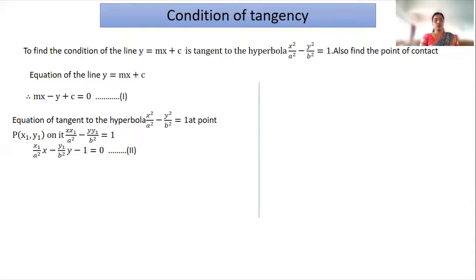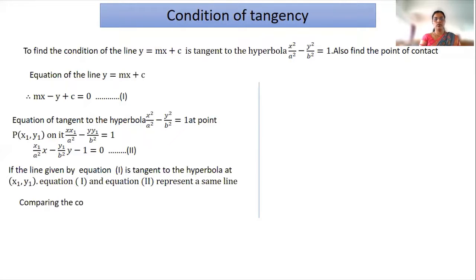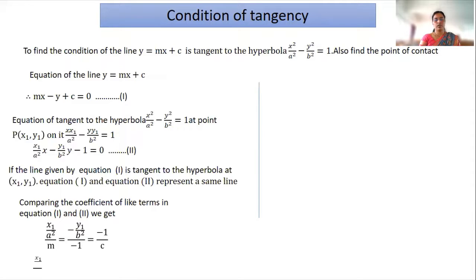x1 upon a square into x minus y1 upon b square into y minus 1. From 1 and 2, both are the equation of the tangent to the hyperbola. Therefore, comparing the coefficients of like terms, we get x1 upon a square upon m is equal to minus y1 upon b square divided by minus 1 is equal to minus 1 upon c. That is, we get x1 is equal to minus a square m upon c and y1 is minus b square upon c.